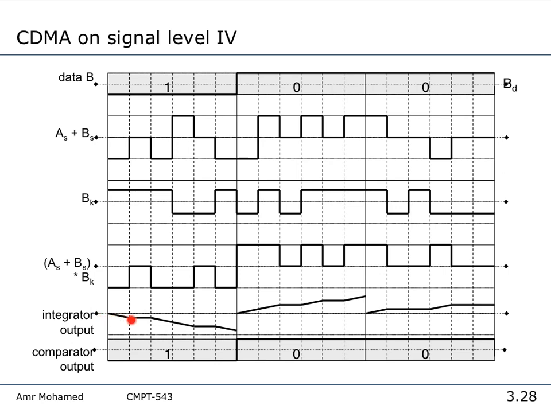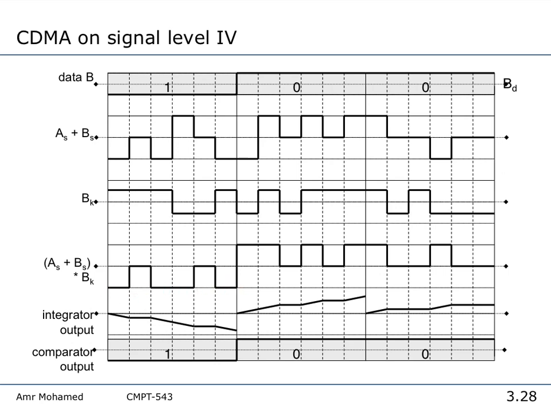Integration, in a hardware circuit, is like you are summing. You're getting the summation of all these values in the time domain, because remember, all these 6 bits correspond to 1 bit of data.